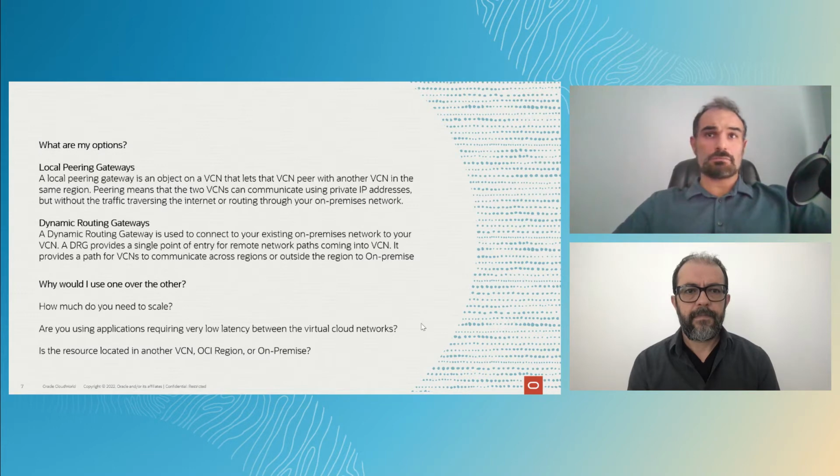If you need a lot of features and functionalities in terms of routing and having control over your routing details, a DRG is a better solution. If you're looking for a small deployment, probably small scale, that's not going to scale to something much bigger, you can easily get away with LPGs. And keep in mind, LPG usually offers better latency for ultra-low latency deployments.